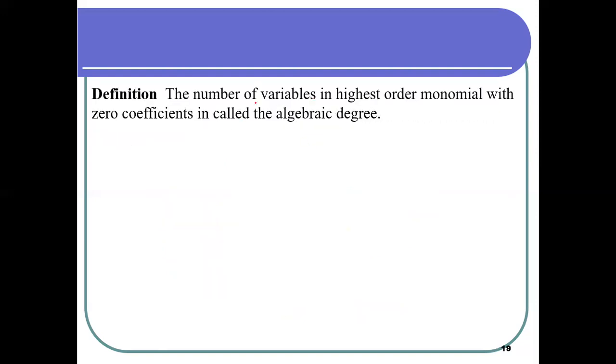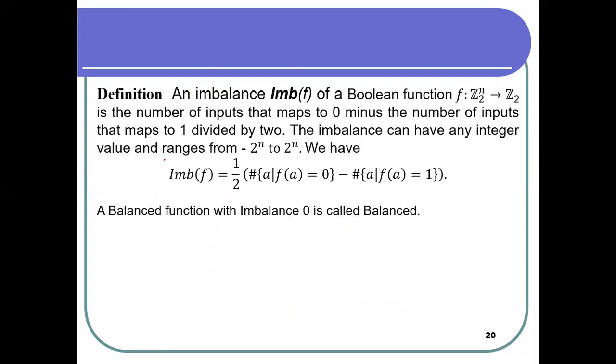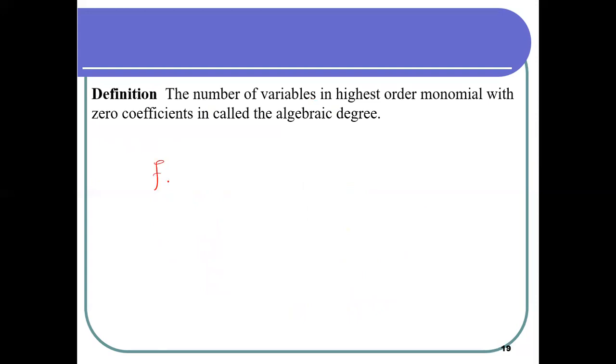The number of variables in the highest monomial with a nonzero coefficient is called the algebraic degree. If I take f as x1 XOR x2, the degree of f in this case will be 1.